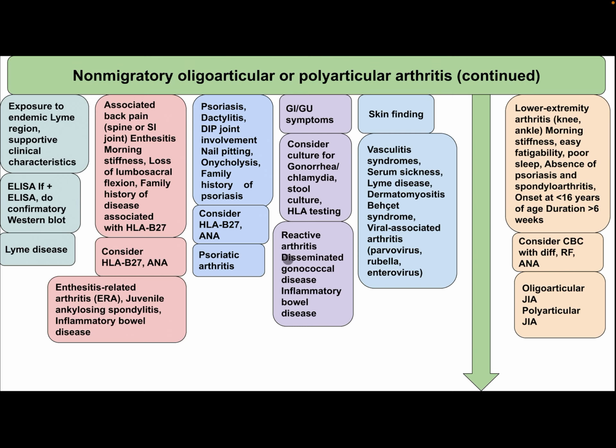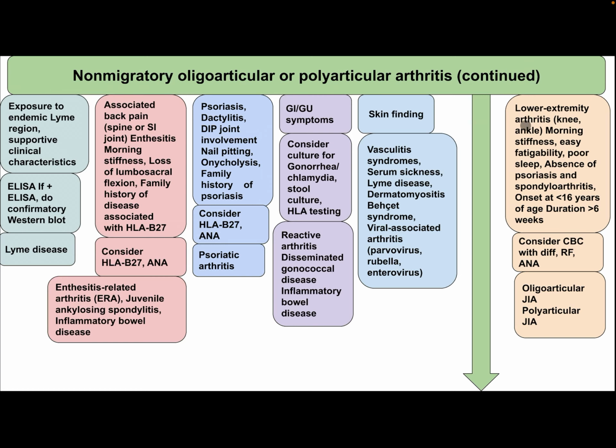Differential diagnosis: reactive arthritis, disseminated gonococcal disease, and inflammatory bowel disease. If the patient has skin findings, differential diagnosis: vasculitis syndrome, serum sickness, Lyme disease, dermatomyositis, Behçet syndrome, viral associated arthritis like after infection with parvovirus, rubella, and enterovirus.